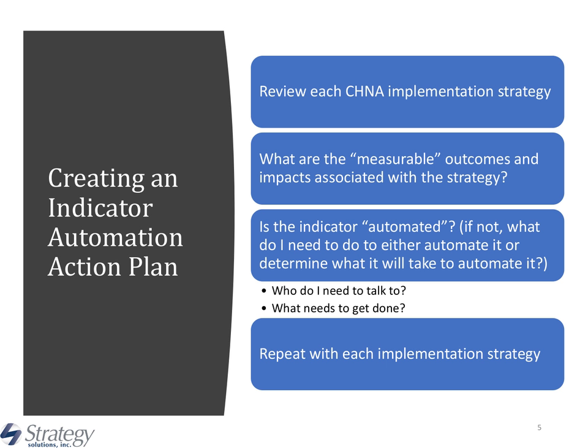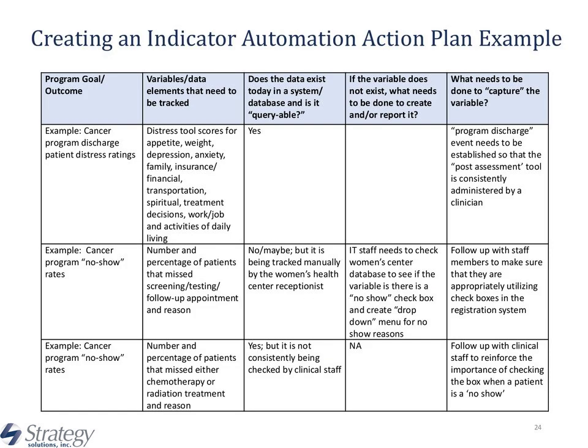So what does an action plan look like if you're creating one? We recommend doing it on a line-by-line basis of those indicators that you want to automate. So, for example, with this particular health system, one of their key indicators was the discharge patient distress rating, because they wanted to look at pre and post intervention of the nurse navigators.